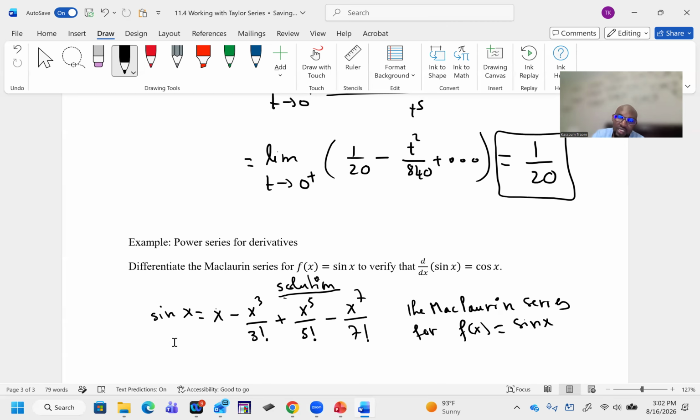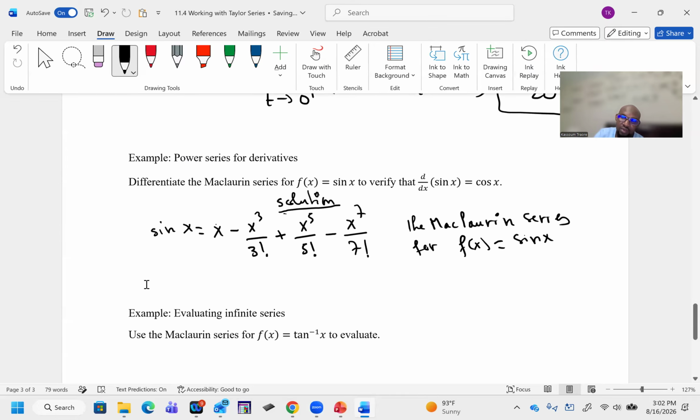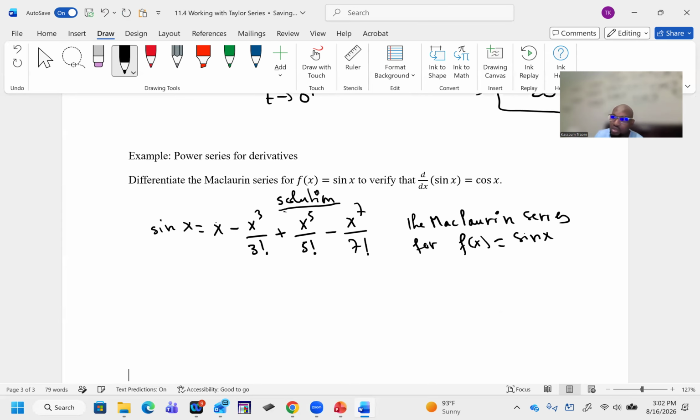And we know this converges from negative infinity to positive infinity, by the theorem that we learned in chapter 11.